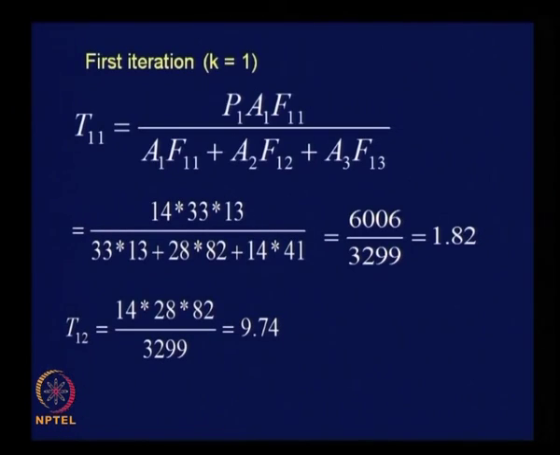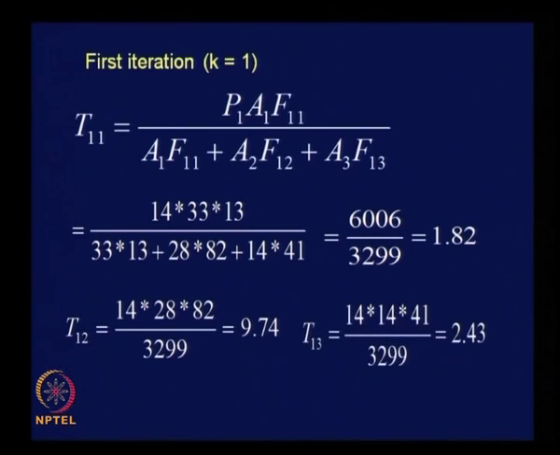Similarly, T12, since the denominator is the same, I am just putting the final value of the denominator, only the numerator will change. T12 is 14 into 28 into 82 whole divided by 3299, that is equal to 9.74, right.